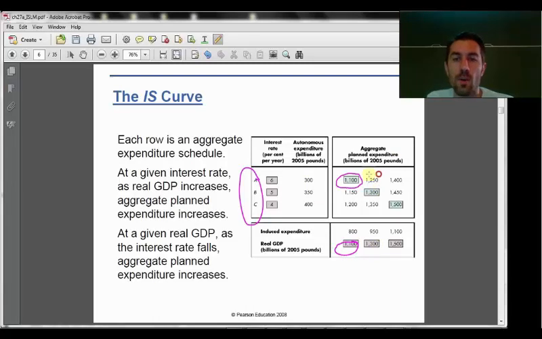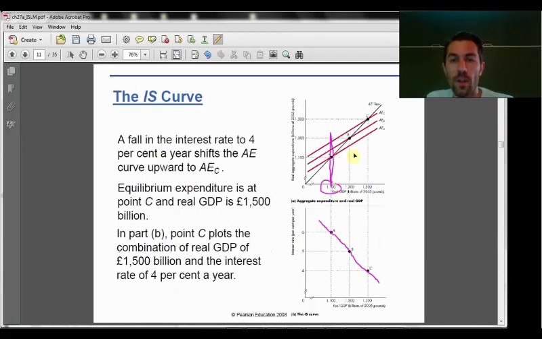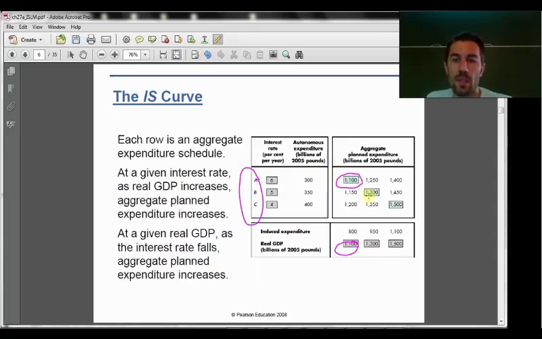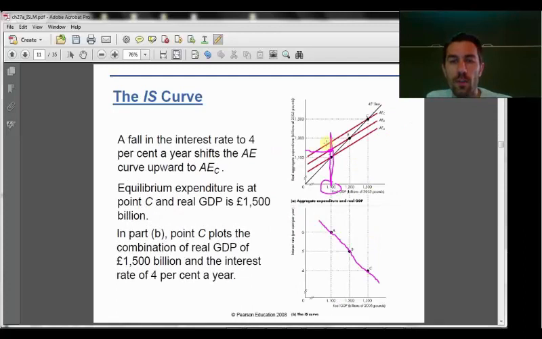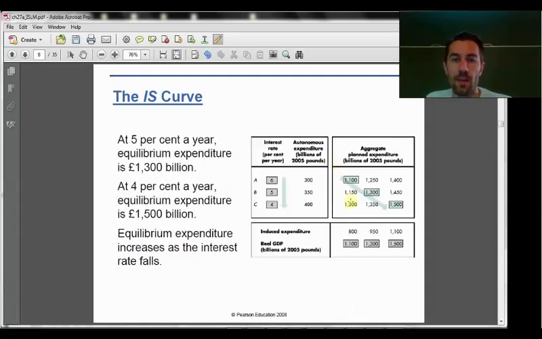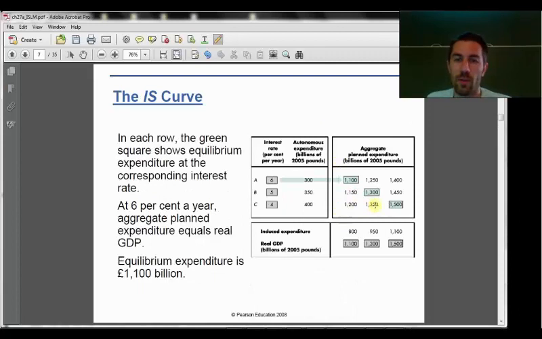It's 1,100, right? At 5% with real GDP of 1,100, what is our aggregate expenditure? It's some level over here, and they call it 1,150. At an interest rate of 4% with GDP of 1,100, you've got some level up here. What is that? 1,250 thereabouts. 1,200 is what they call it.